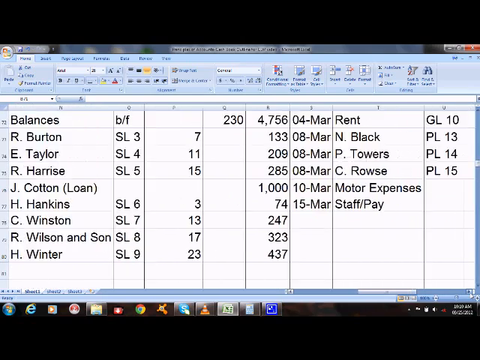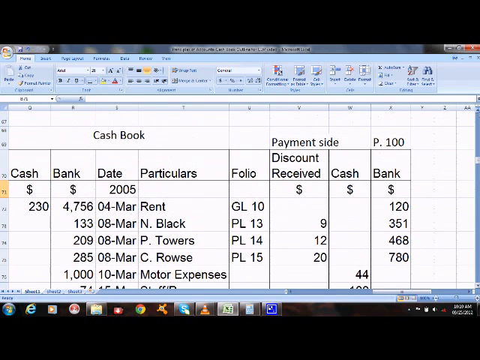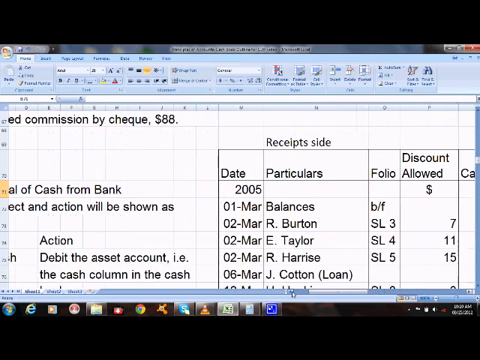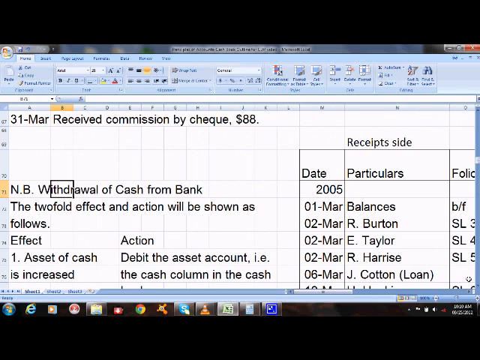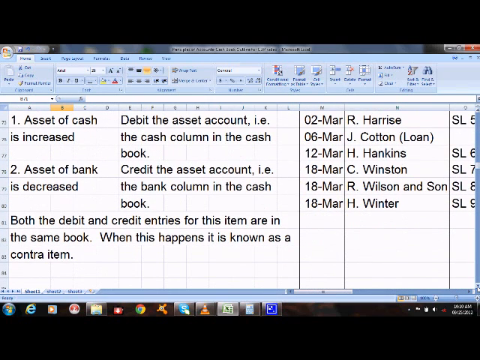Remember that this side is the credit side, right? And this side is the bank column. So you're going to put the figure right here in that case. And there's withdrawal of cash from bank. So when this happens now, you will notice that both debit and credit entries for this item are in the same book.